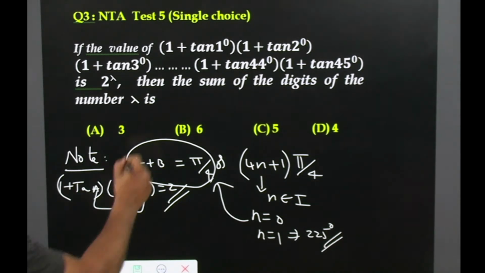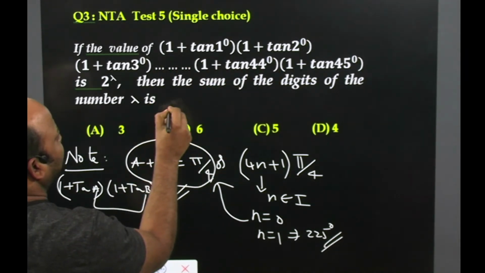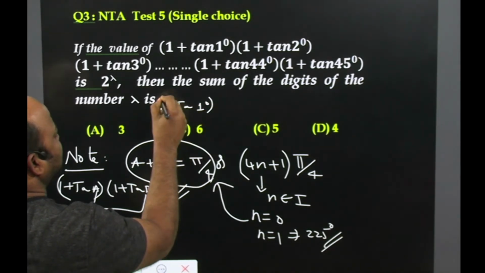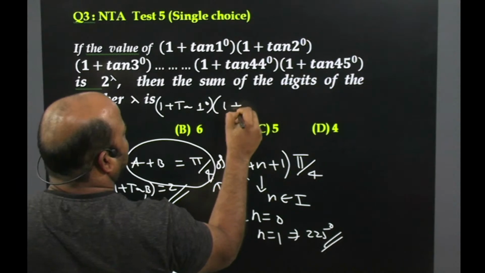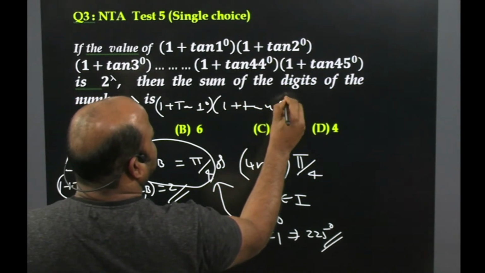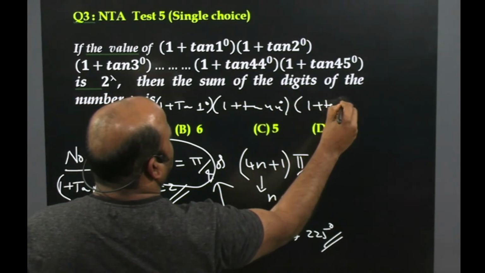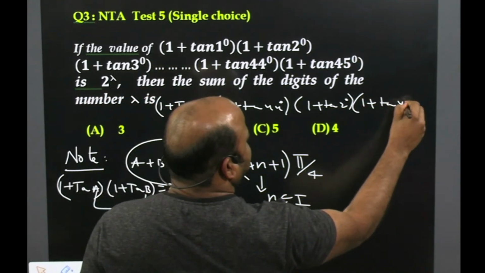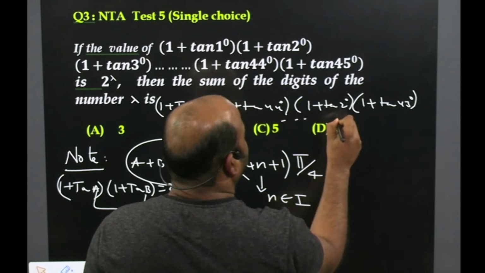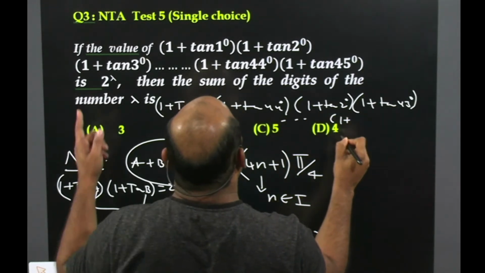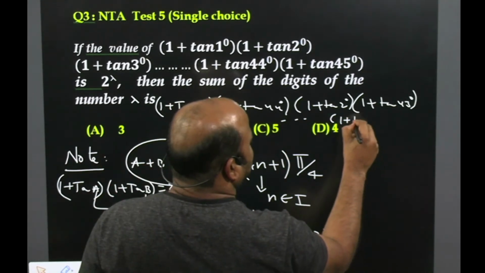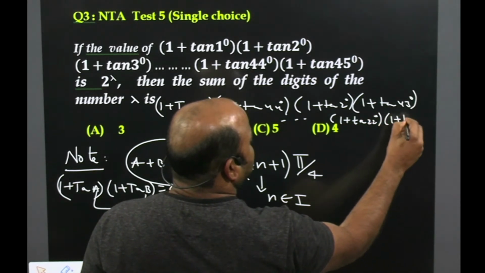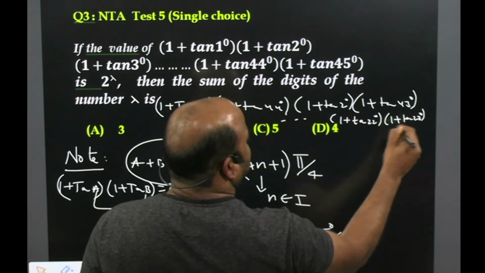Can you rewrite this given product as 1 plus tan 1 degree, next 1 plus tan 44 degree, next 1 plus tan 2 degree, 1 plus tan 43 degree, and so on, and last you get 1 plus tan 22 degree into 1 plus tan 23 degree, and so on.